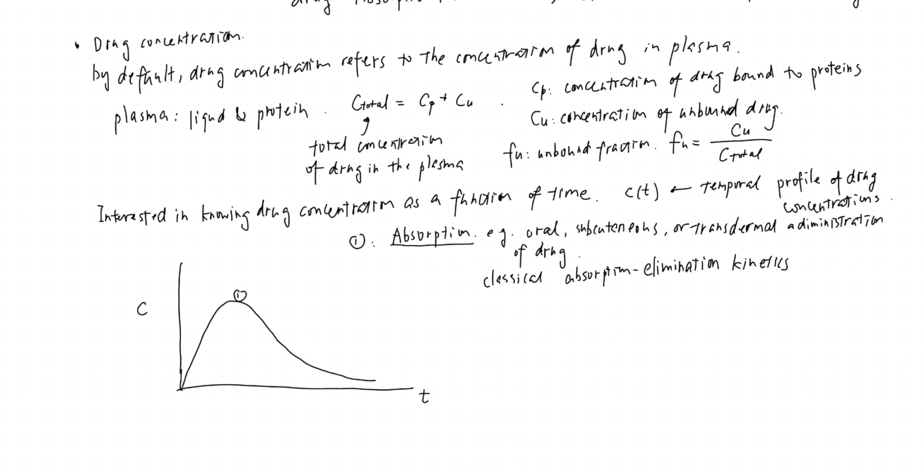Okay, now let's look at a second type of curve. This type of curve is referred to as rapid intravenous injection.